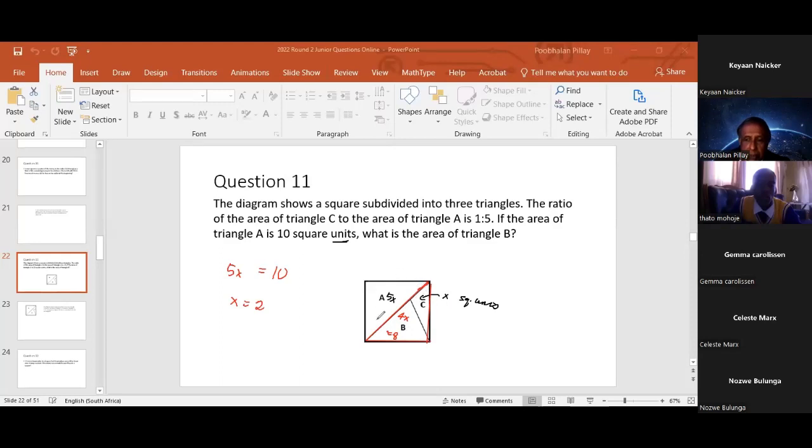Bearing in mind that this diagonal cuts, actually, in any parallelogram, the diagonal always cuts the parallelogram into two equal areas.